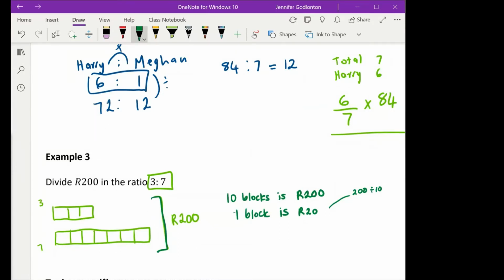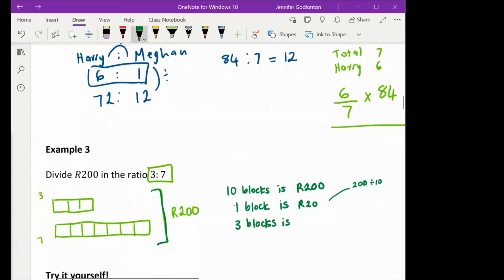Now I need to find out what the 3 is, and I need to find out what the 7 is. So that means that 3 blocks, what are 3 blocks going to become, if 1 block is 20 Rand? Yes, Sawandis? 60. Yes, 60. Nice.